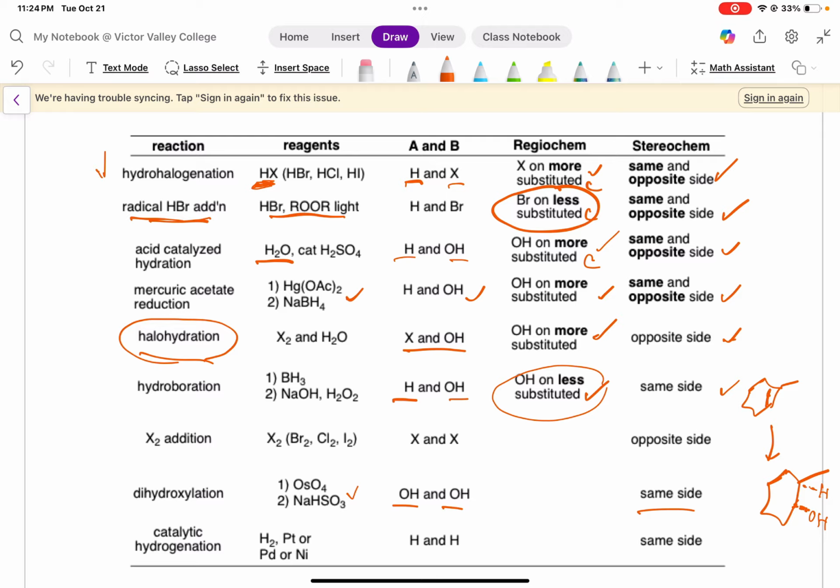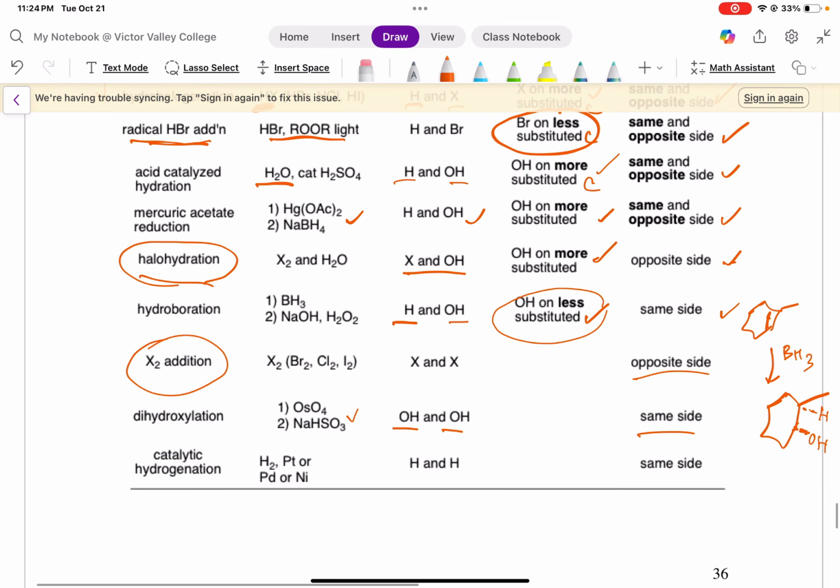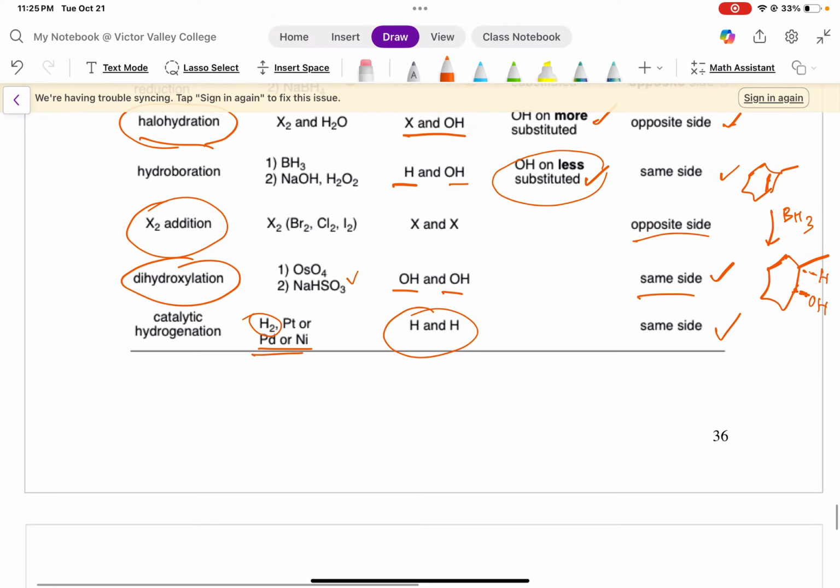This is BH3. If you just simply add halogen, it's going to go on the opposite side. If you do dihydroxylations, it's going to go on the same side, as you see above. And then you add the two hydrogens, meaning hydrogen molecule, they go on the same side because the catalyst holds them on the same side.